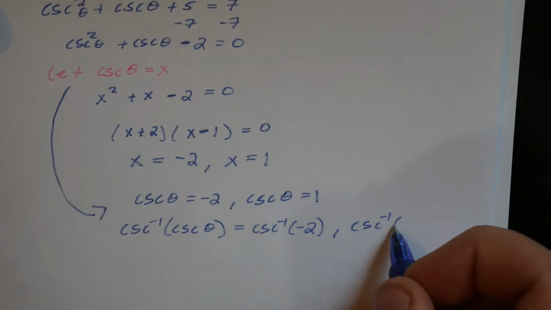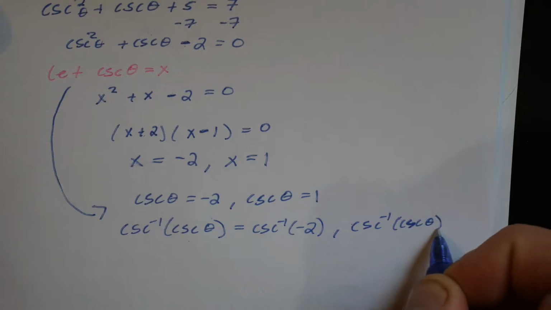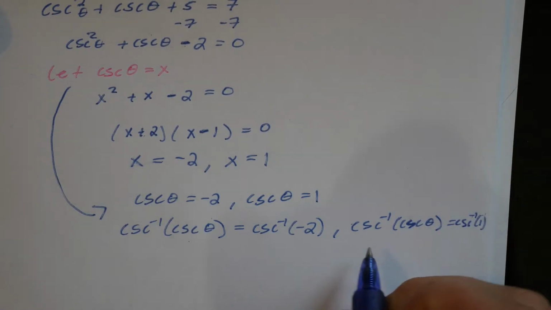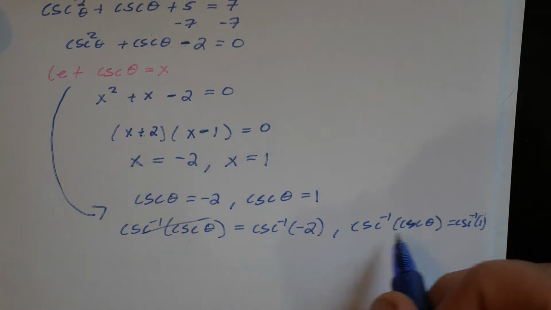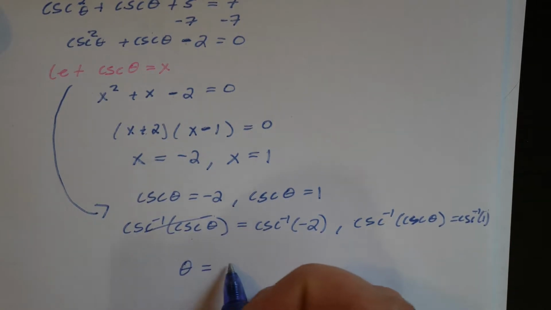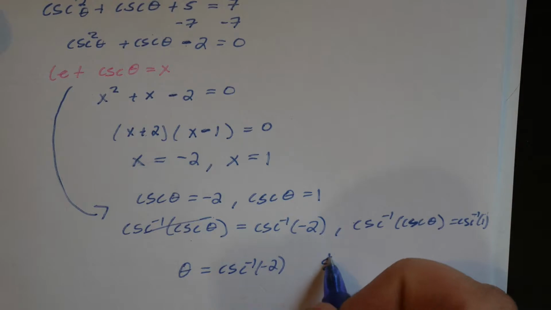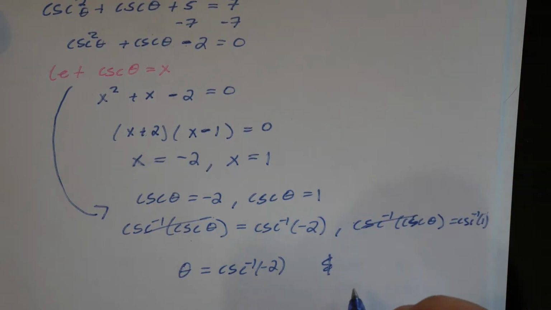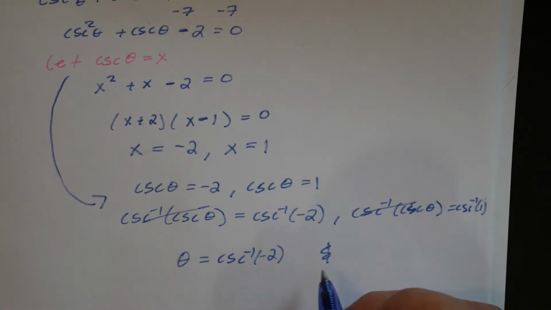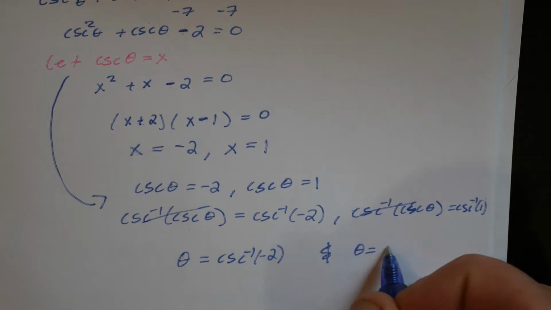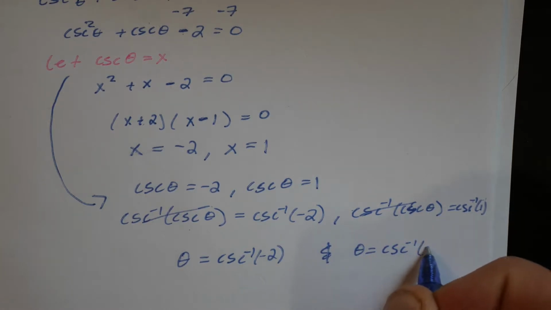I'm doing this the long way just to show you what's happening. Those cosecants cancel, so I just get theta equals cosecant inverse of -2. And I also have those canceling, so I get theta equals cosecant inverse of -1.